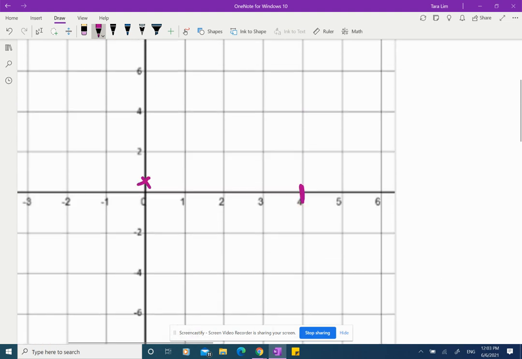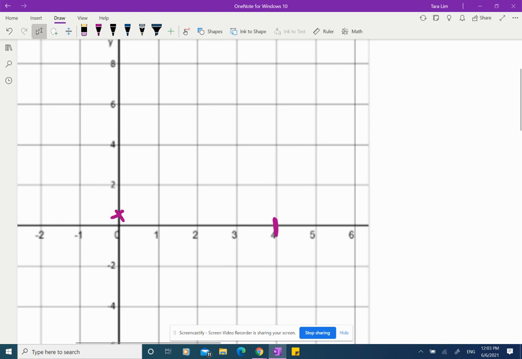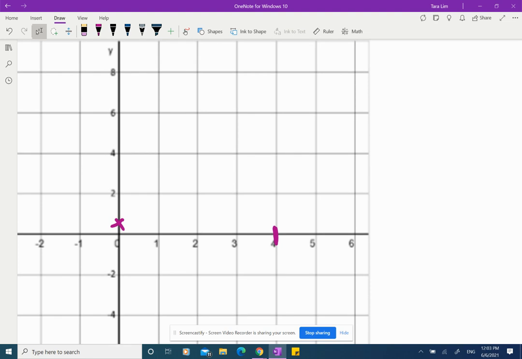So let's plot 4.5 on the y-axis. We know that this is 5, and 4.5 is half of this. So from here to here, the x is here.